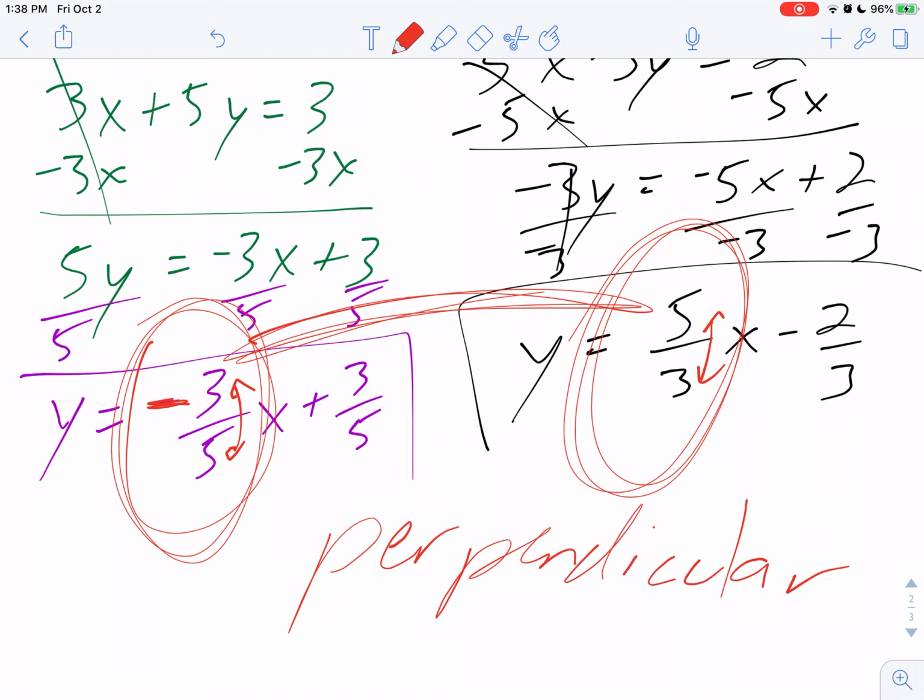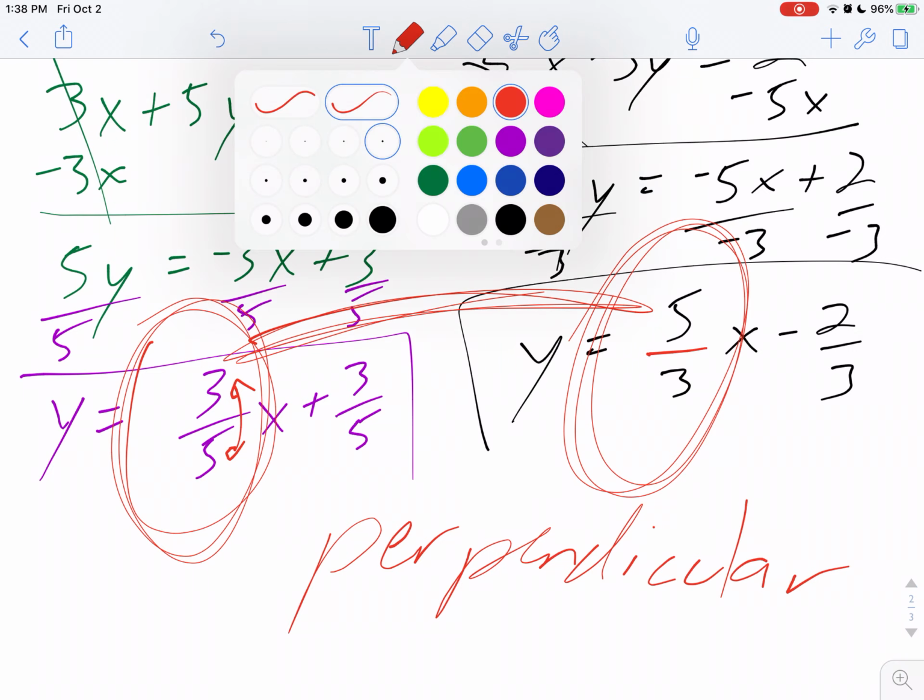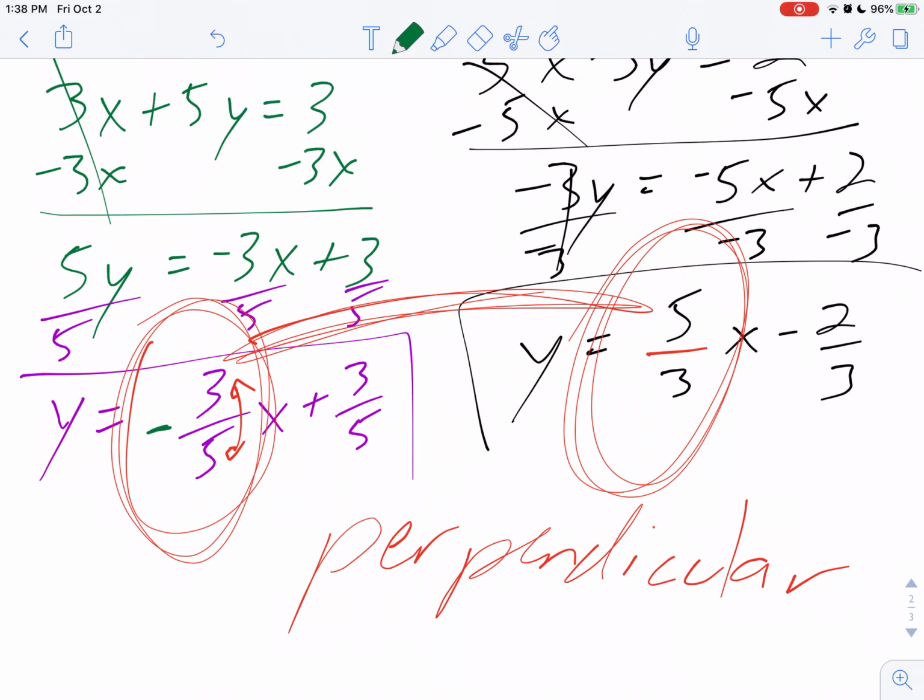Okay? If they weren't negative reciprocals, for example, if they were both positive, then the answer would be neither. And in order for them to be parallel, they'd have to be identical. So this is an example where they're perpendicular.